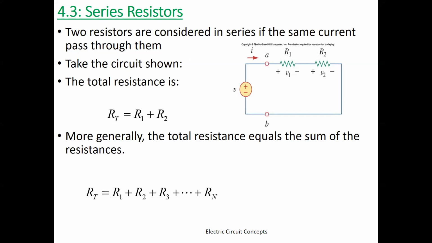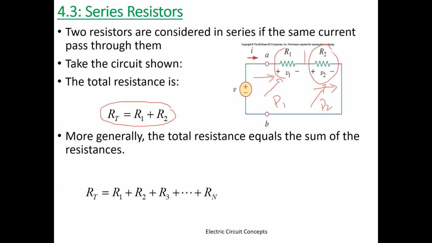How do we find the voltage, for example V1 across R1, how much current will flow through each, how much power P1 is dissipated by R1, and how much power P2 is consumed by R2? To do that, we need to find the total resistance.